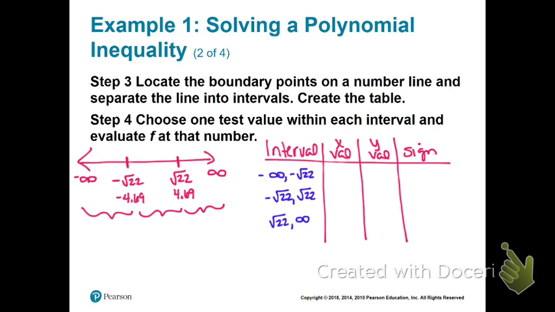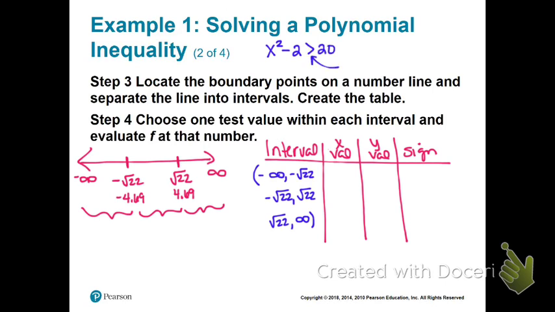Now, when we built our tables in lesson 3.5, we didn't have to worry about parentheses or brackets or any of that, because we were just trying to find our graph. But here we're going to. So remember that infinities always get parentheses. And then we have to go back to our original problem. What was the original problem? X squared minus 2 greater than 20, right?